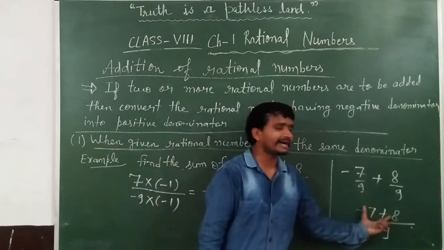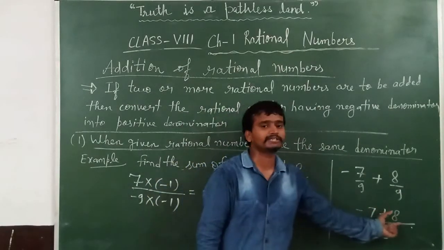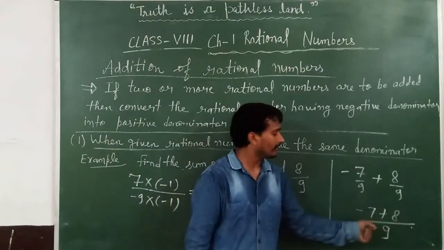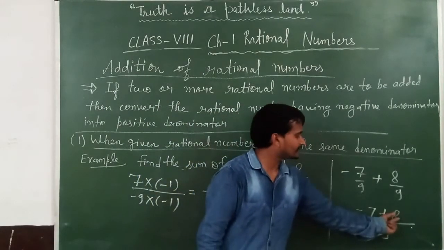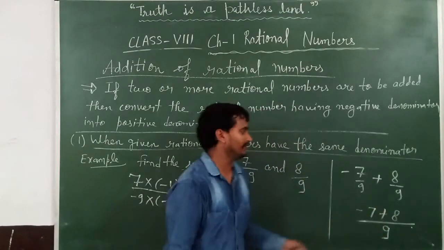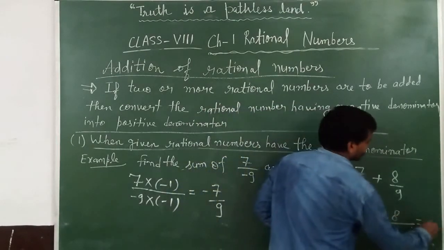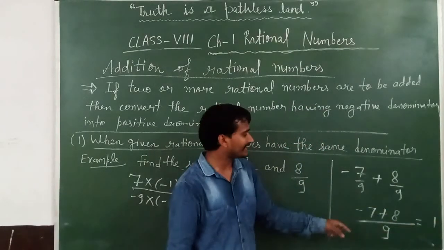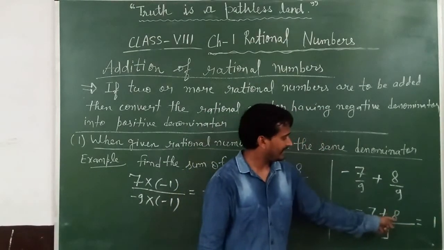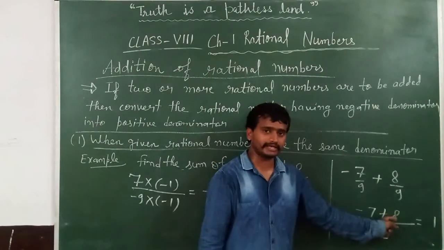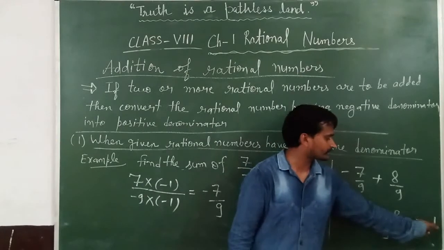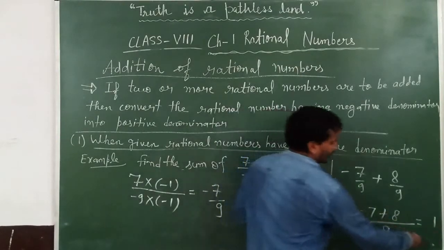The signs are different: it is minus 7 and plus 8. We will subtract the smaller from the larger one. 8 minus 7 is 1, and it takes the sign of the larger number. Larger is 8 and its sign is plus, so the answer is plus 1 upon 9.